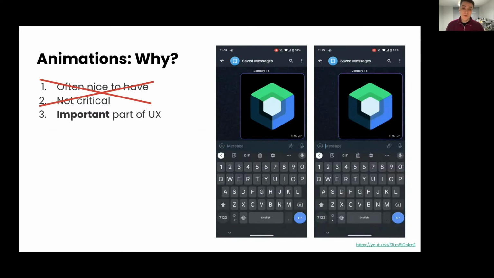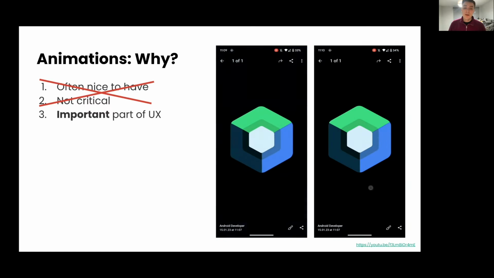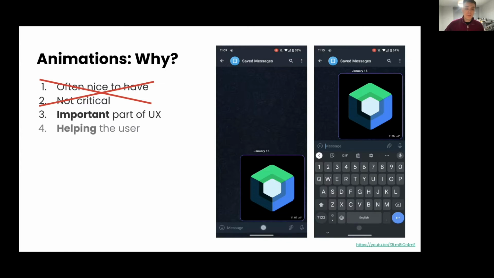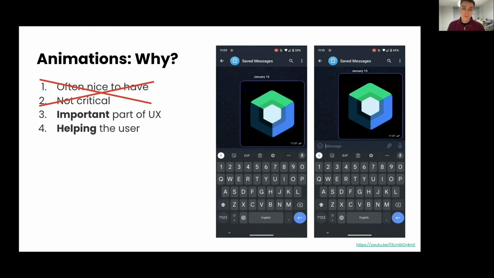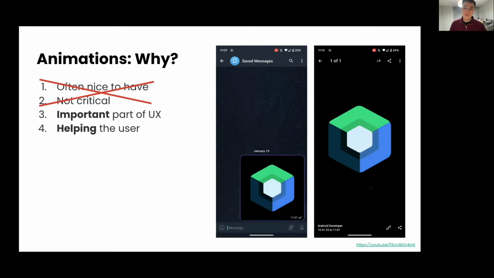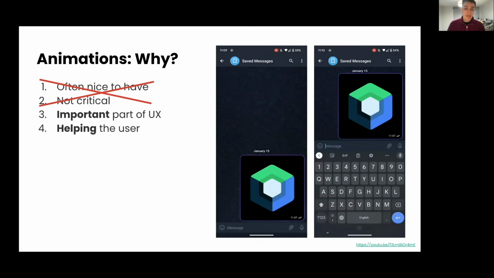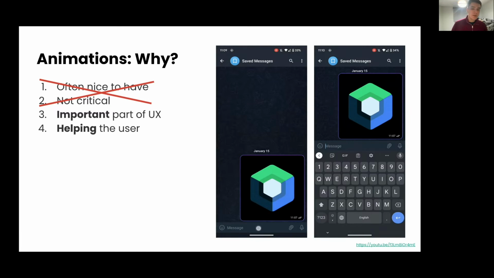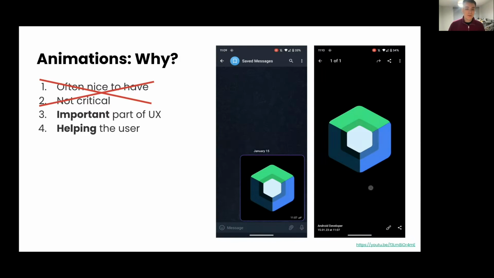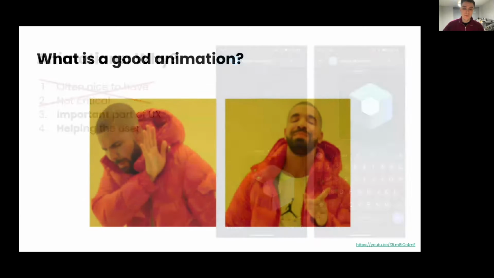But actually, don't forget that animations are a very important part of the user experience. They help the user to understand what's actually happening on the screen and where to direct their attention. And you can see from the example that the GIF image on the left, where the animations are enabled, is much nicer and cleaner than the one on the right.